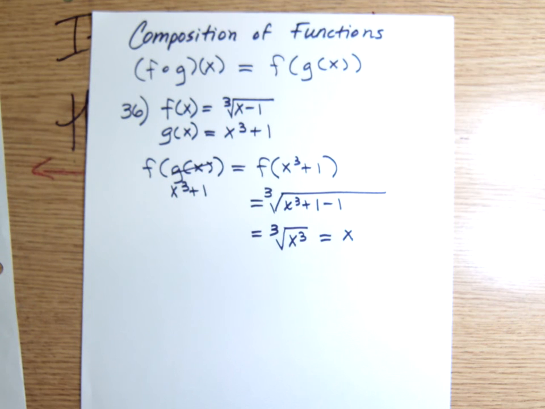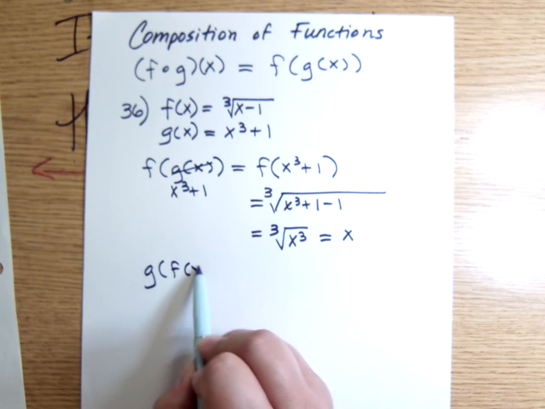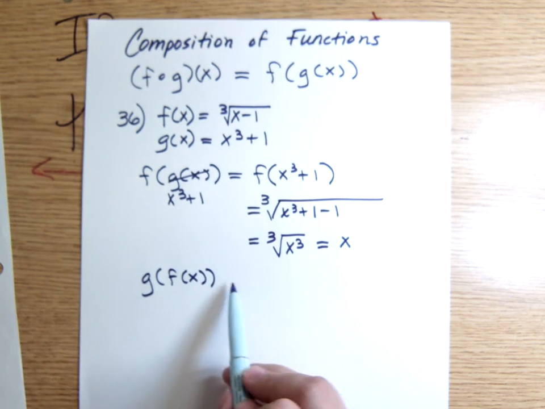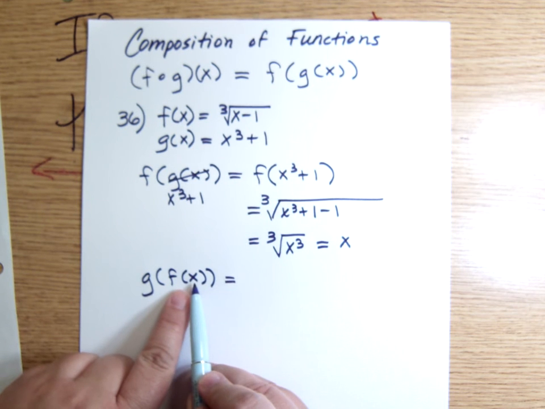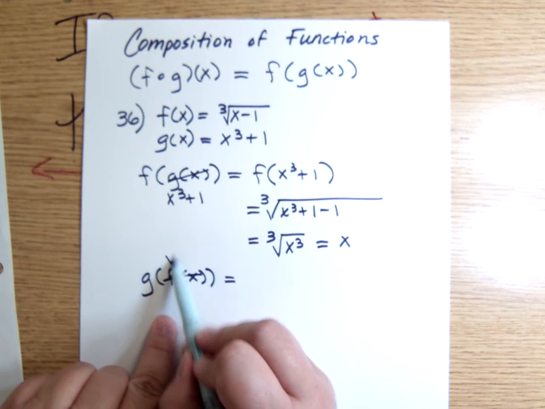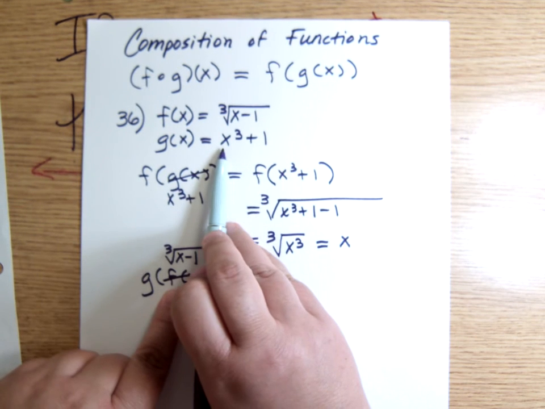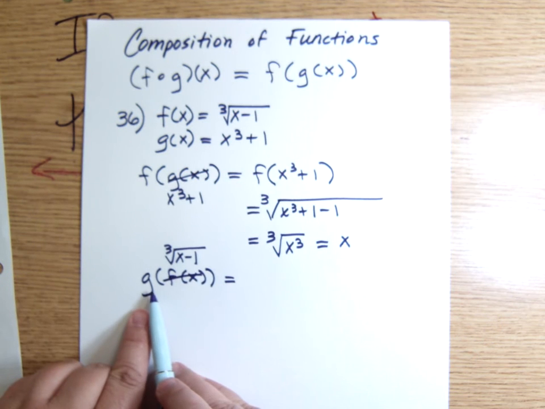And then I get to go back and do it the opposite way. For g of f of x, I get to take whatever f of x is equal to, which is cube root of x minus 1, and plug that in place of x in the g function, the one on the outside.